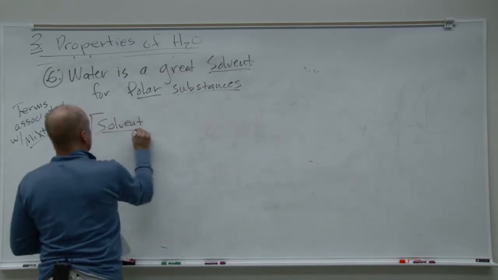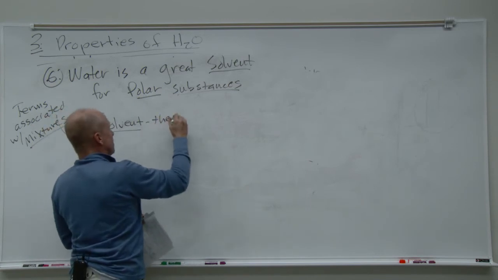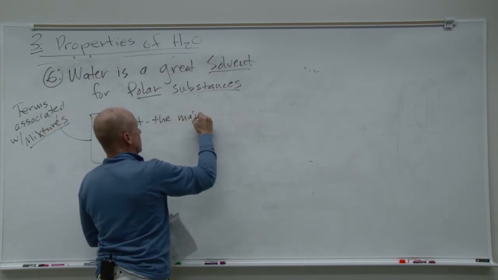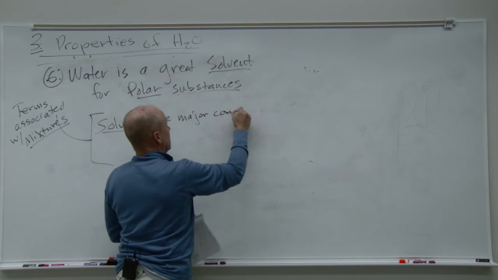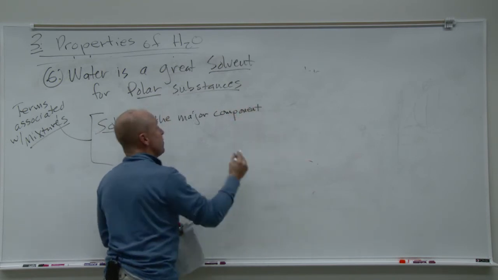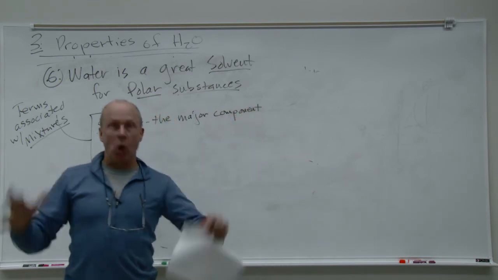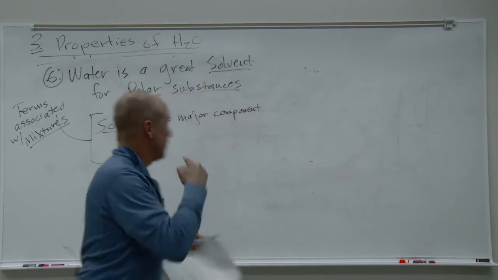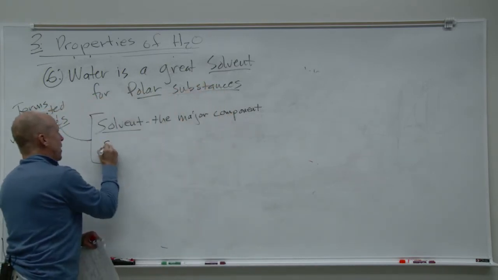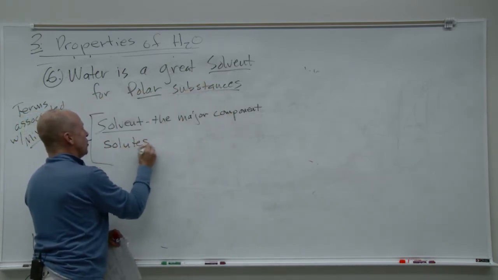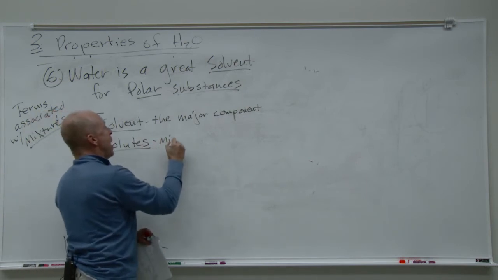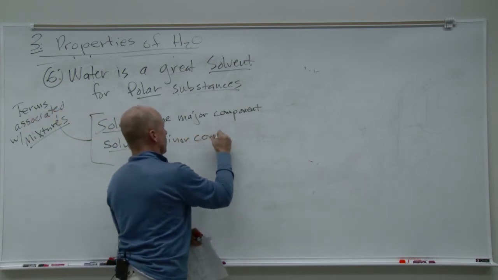So a solvent is the major component of a mixture. There's only one solvent in a mixture. Then the other things that are there are called solutes. So these are minor components.